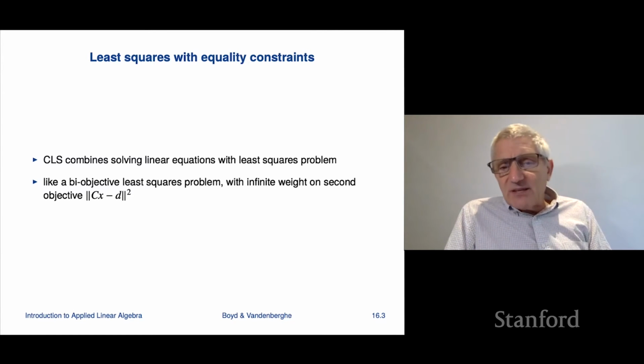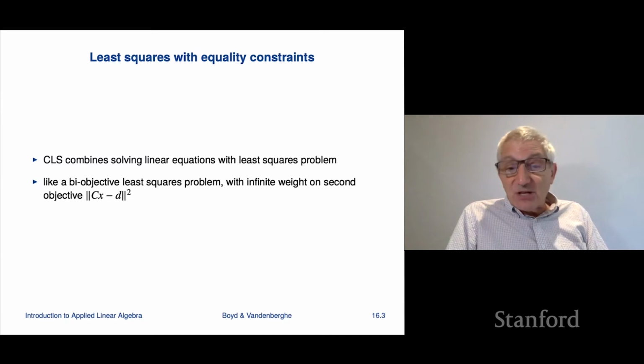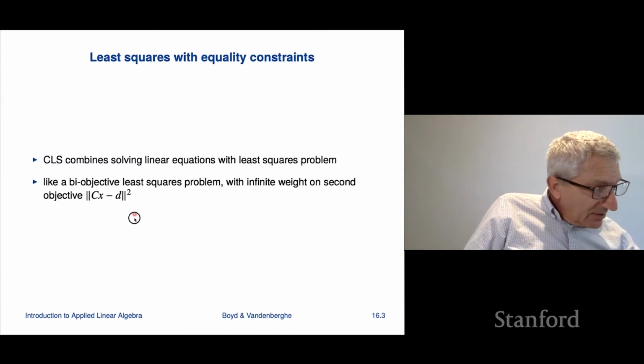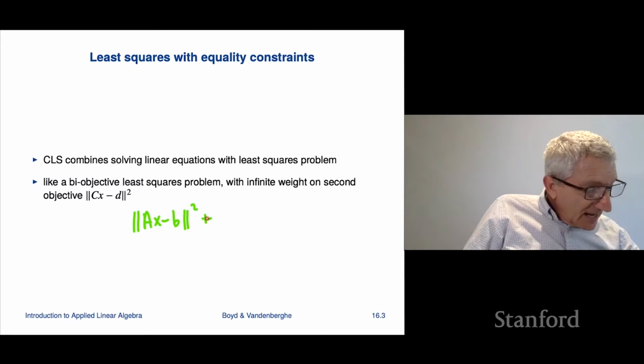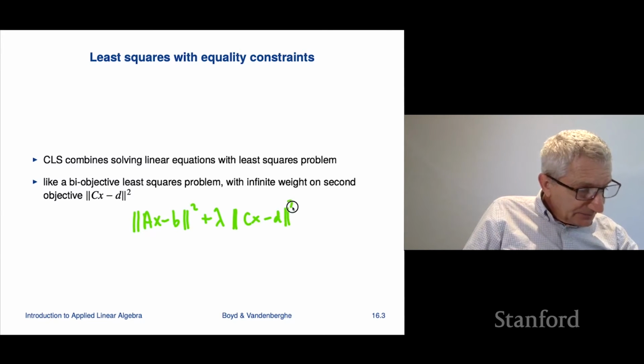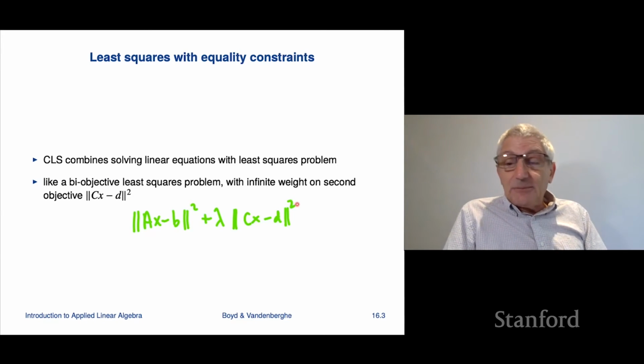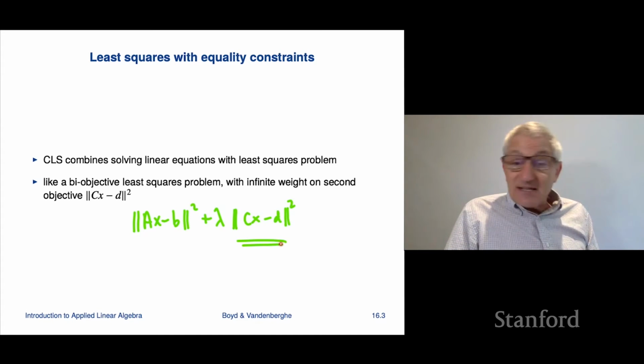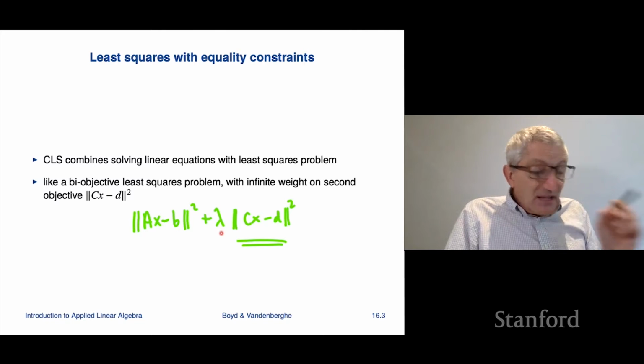Another very good way to think of it is as a bicriterion problem, in the limit of lambda going to infinity. If I were to form the bicriterion problem and scalarize it, it looks like this. That's my objective. The meaning of this is that we'll allow Cx to not equal d, but we're going to penalize you for it.